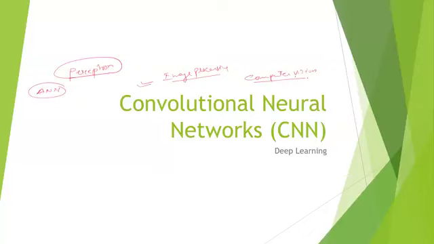Now, when we are talking about artificial intelligence, you need to understand what this artificial intelligence is. Artificial intelligence is also sometimes called cognitive analytics. We have cognitive skills in humans.